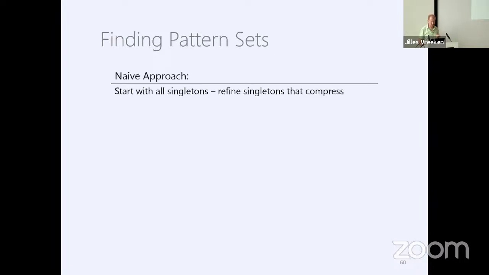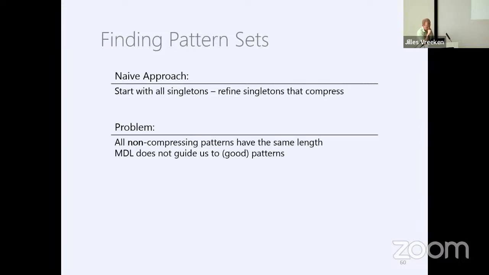Good. Now let's find pattern sets. The naive approach, which I should have animated, is to start with all the singletons, and then find the pairs, and so on. Nope, it doesn't work. Sadly, or luckily, depending on how you look at it.